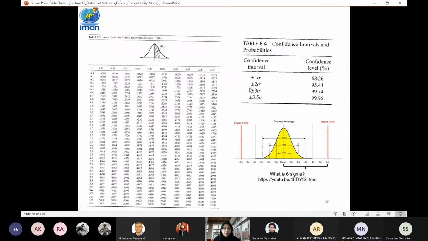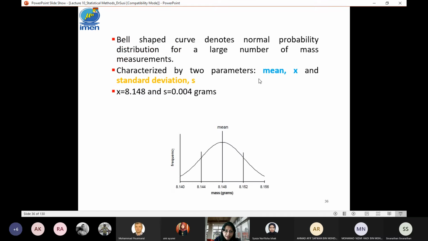This is a normal distribution from Z, from 0 until 4.0. This is what we call the confidence interval. Just now we looked at 1 sigma, plus minus 1 sigma, so you say it as plus minus 1 sigma.